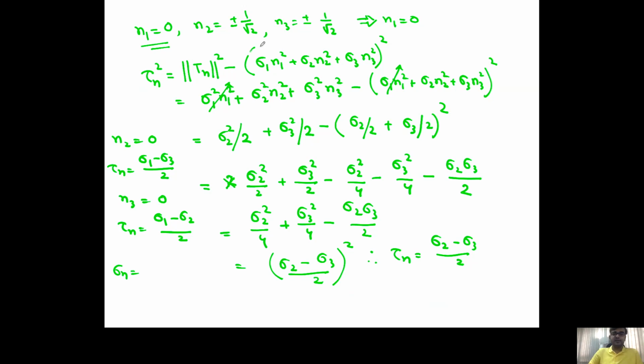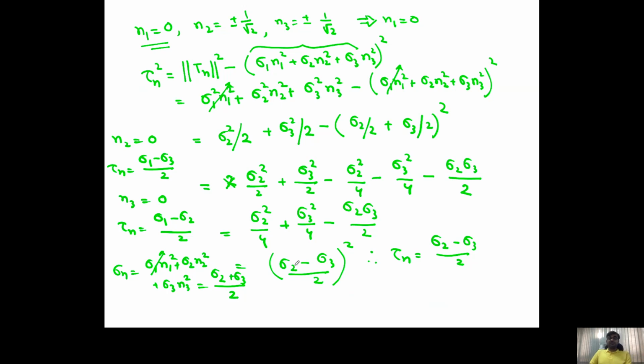It is already written here, right? This one. So it is sigma 1 n1 square plus sigma 2 n2 square plus sigma 3 n3 square. N1 is equal to 0. This will vanish. So what do we have? We have sigma 2 by 2 plus sigma 3 by 2.